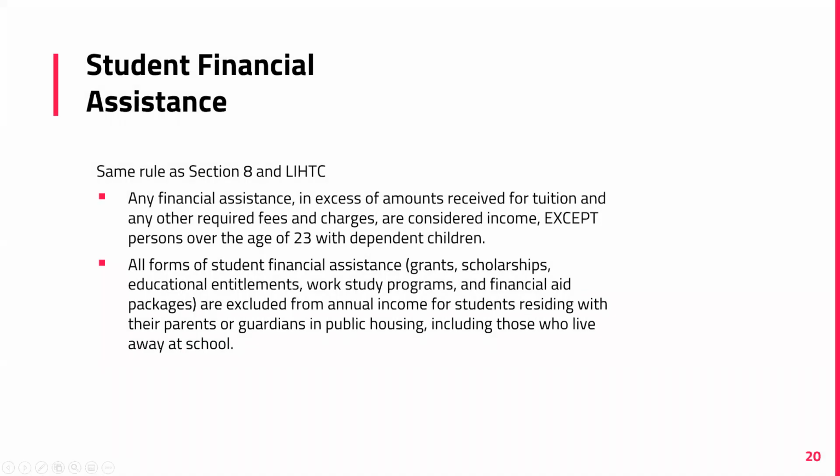Student financial assistance, same rule as Section 8 and tax credit. Any amount received above the tuition is counted as income unless they're over the age of 23 with dependent children. All forms of student financial assistance are excluded if they're residing with the parents or guardian in public housing.